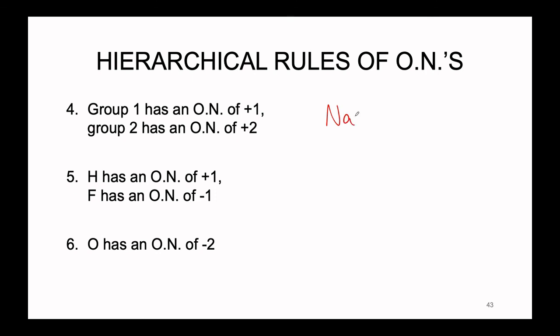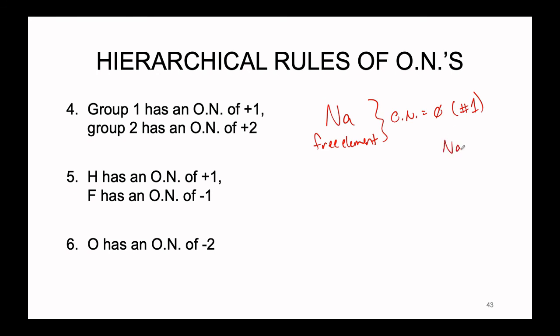Sodium exists in group 1, so this means it should have an oxidation state of +1, right? Wrong. This sodium exists as a free element. It's not bonded to anything, it has no charge, which means its oxidation number will equal 0 according to rule number 1. Rule number 4 pertains more to species that exist in ionic compounds.